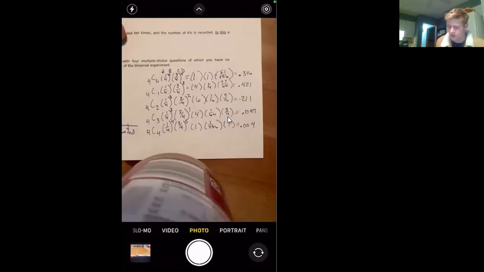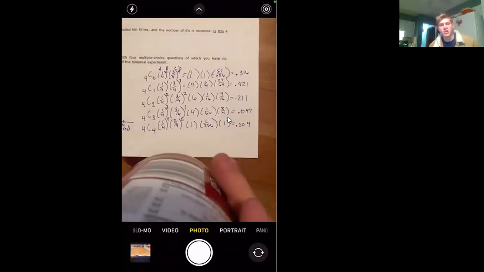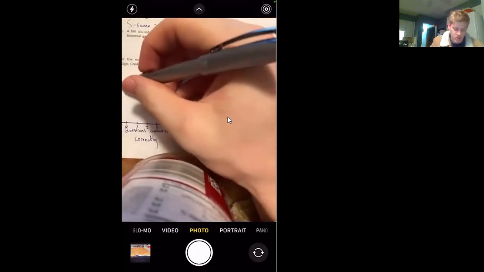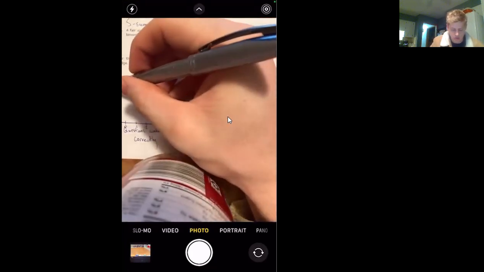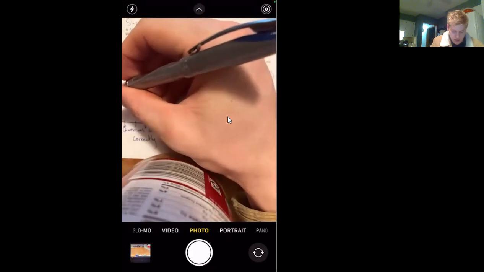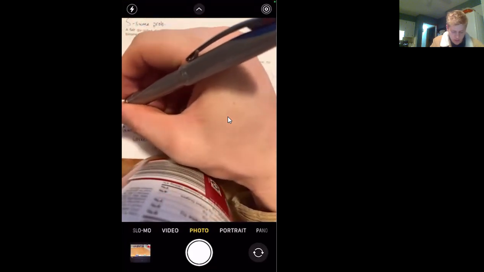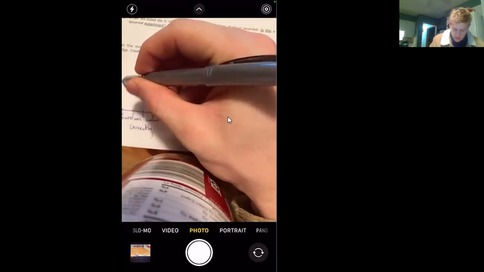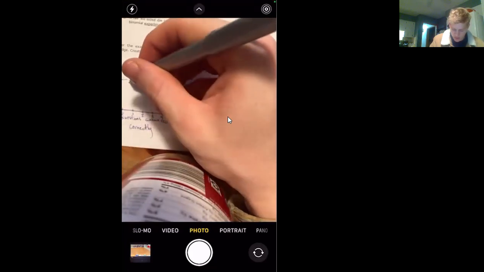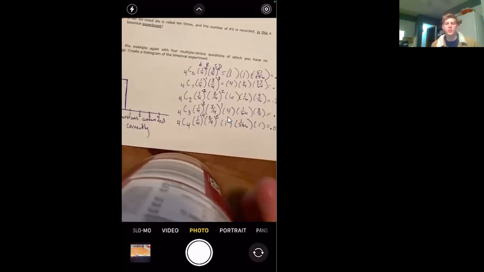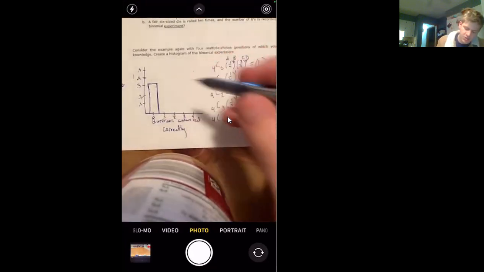So going back here, if I was to enter these in, well, my tallest peak is going to be right here, that 0.421. So I'm going to just go ahead and say, here's 0.4, and then here's 0.5, and then just kind of go down the line. Okay, so 0 was at 0.316. So with these, I want to make them equal width because we don't want to misrepresent our data.